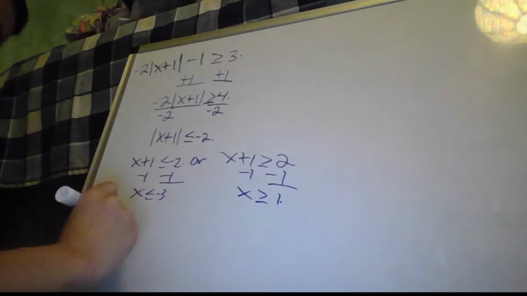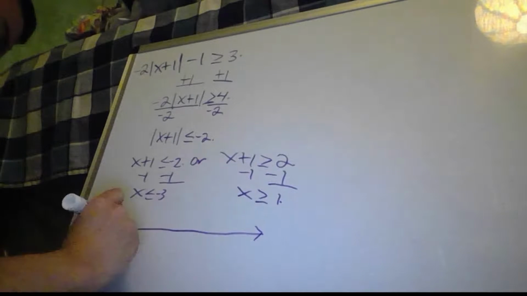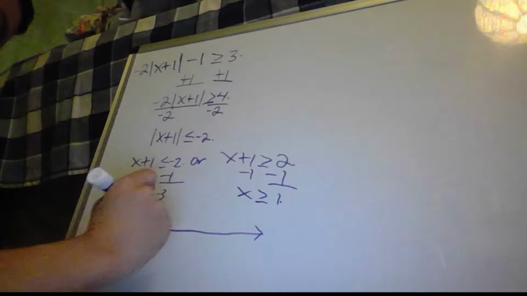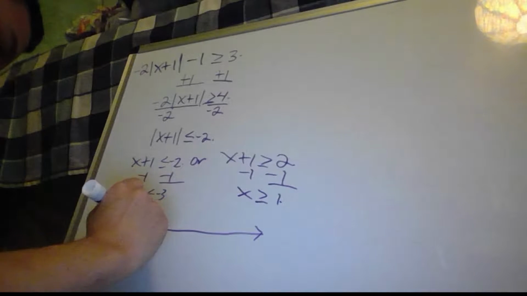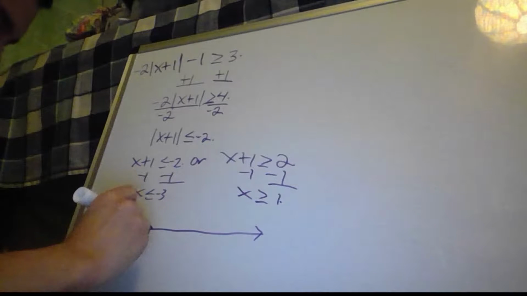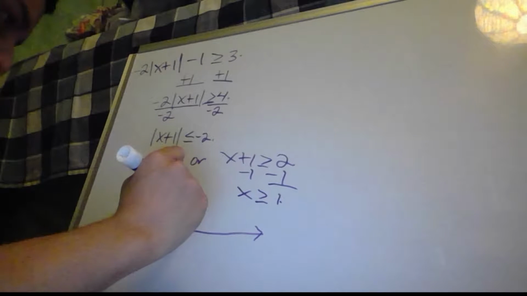So then if they ask you to graph it, you do x is less than or equal to negative 3, so it's going to be negative 3. You're going to do a closed dot, and then you're going to shade on the left. And then you're going to do x is greater than or equal to 1.